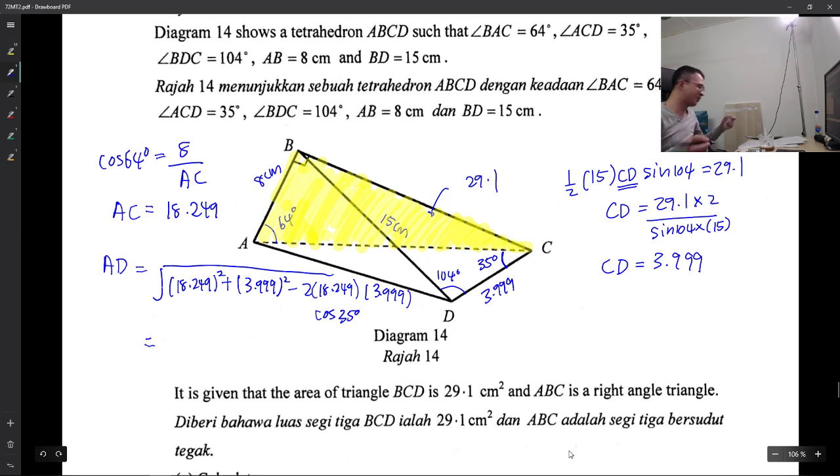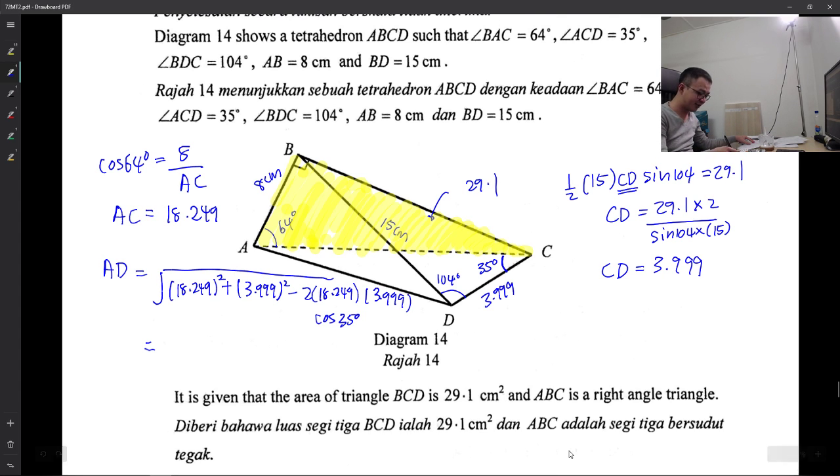You just type everything in your calculator. This is just the cosine formula, nothing very special. You should get the length 15.148. All of this is in cm.